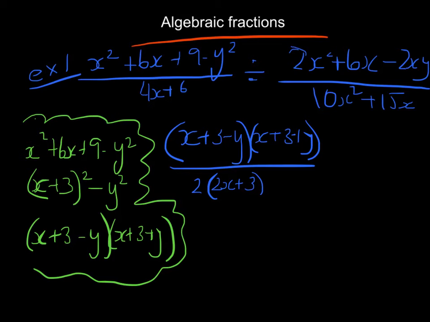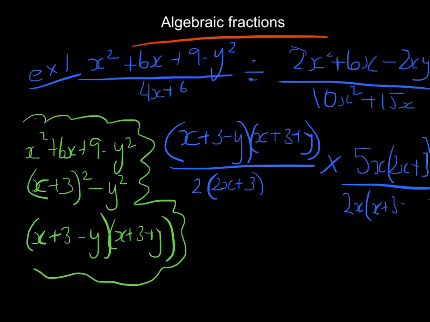The second fraction, I'm going to flip it, so it's now times, and I'm going to take out the highest common factor of this denominator, which is now the numerator, and that is going to be 5x, and I'll have 2x plus 3, running out of room, over, now, highest common factor of my top there is 2x, so I'm going to take out the 2x, and I've got x plus 3 minus y.